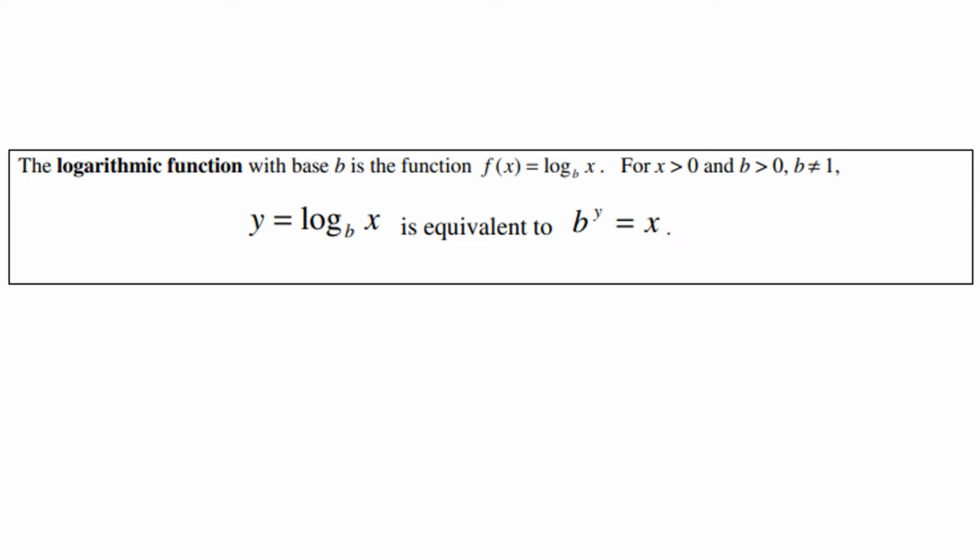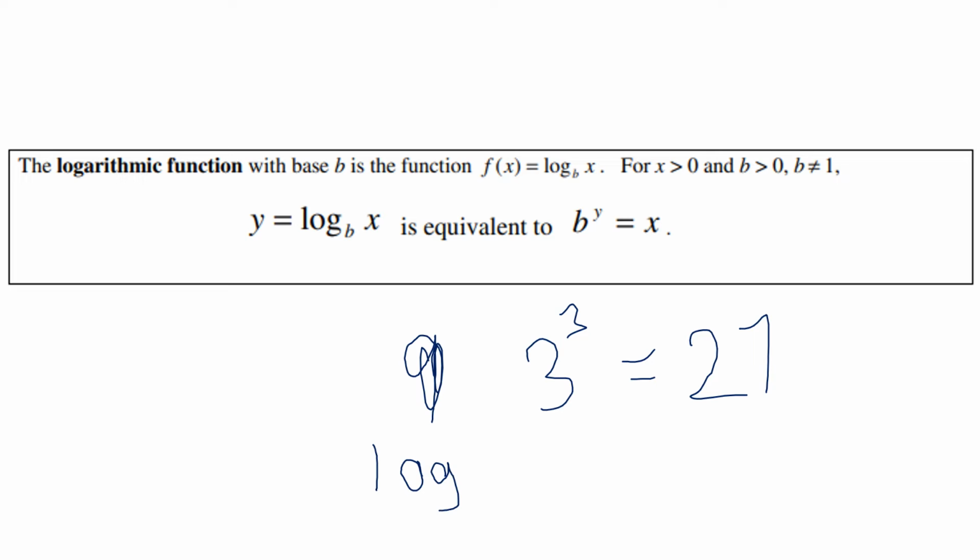So let's go ahead and work with the exponential function that we know. Well, not function, but something with an exponent. So let's do 3 to the power of 3. That's 27, right? So that's exponential form, but if I'm going from exponential to log form, it's going to be log with a base of 3. My base is going to be placed right there.